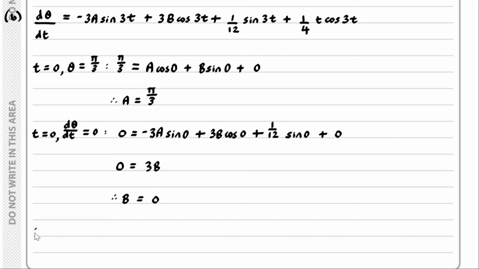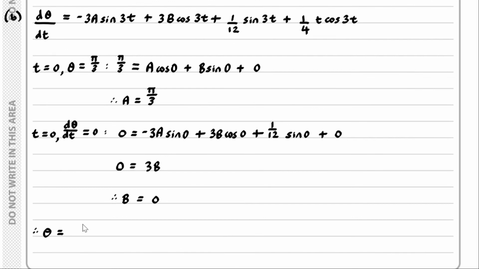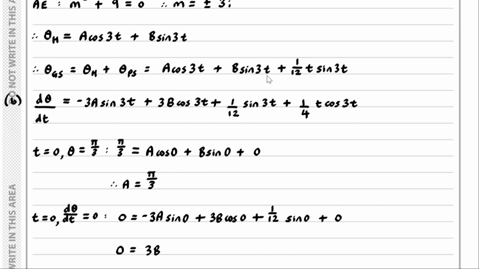And so therefore, the solution to the differential equation, now that I know what theta is, well, I've got a cos 3t, now I know what a is, that's pi over 3. So I've got pi over 3 times cos 3t, and then I have b sine 3t.